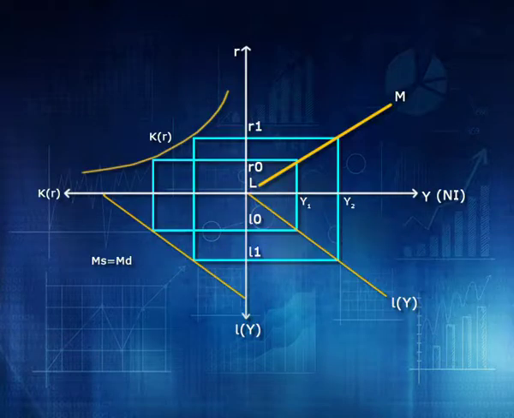It is evident from this figure that there is a positive relation between rate of interest and national income. This is because as income increases, the demand for money, both for transaction and speculative motives, increases, and consequently a higher rate of interest is derived in the money market.